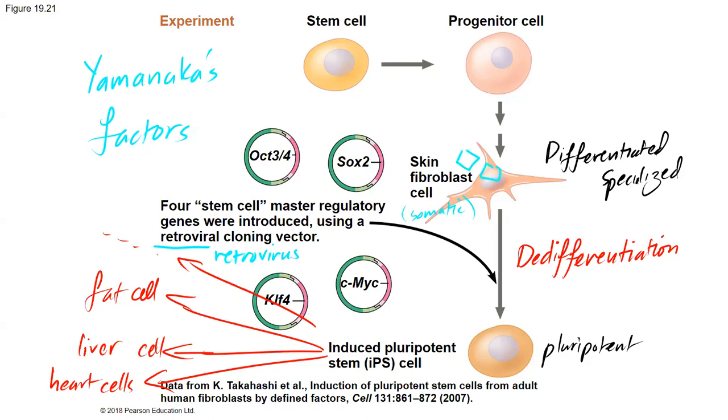And then it will introduce these genes into the somatic cell. And once these genes are expressed, they will de-differentiate the cell. And now the cell becomes pluripotent. Okay. Again, these are all transcription factors or genes encoding mainly transcription factors.